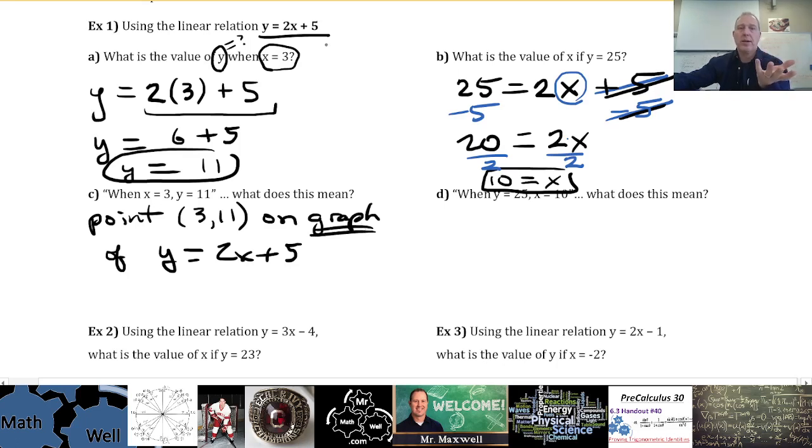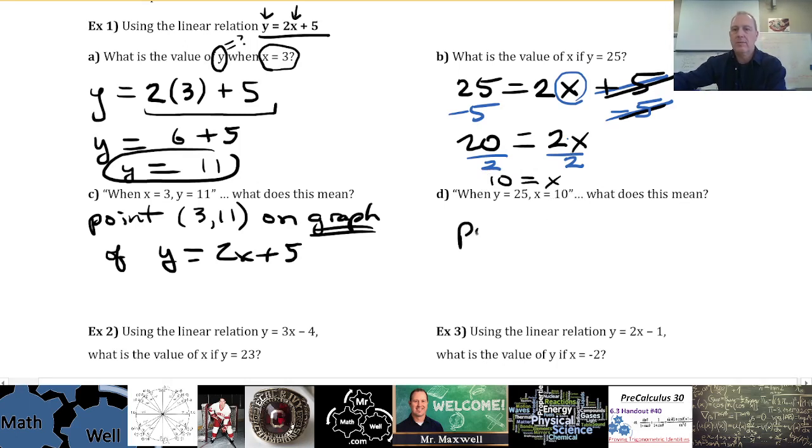Algebraically, or just thinking about the numbers, these are the pairs of numbers, x and y, that make this equation absolutely true. If you have a different set of numbers and the equation is not true, then that point would not be on the graph. So D, if we look over here, if x is 10 and y is 25, what does this mean?